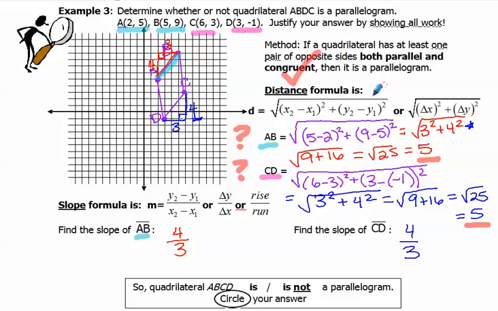Now how about parallel? Lines with the same slope are parallel. So these two opposite sides, AB and CD, are both parallel and congruent. So this is a parallelogram. So I can use the distance formula and slope formula to determine whether or not these things are parallelograms. So go complete your practice.